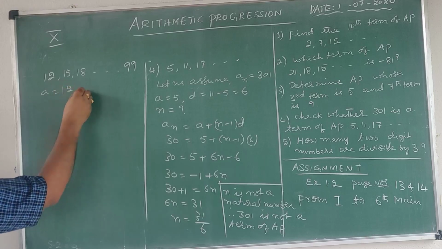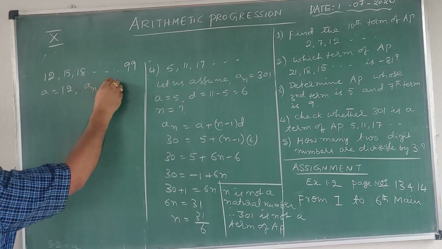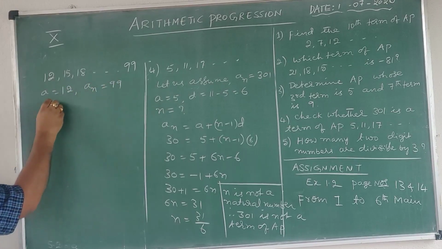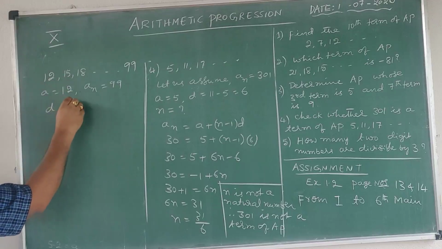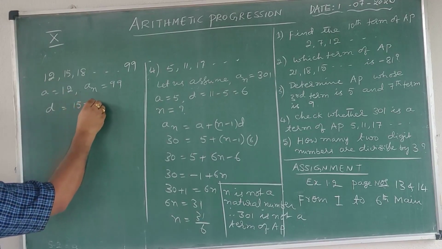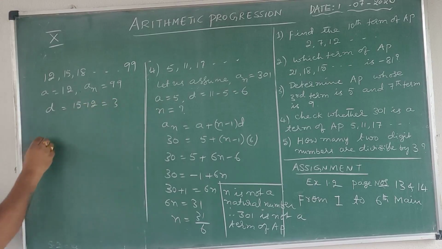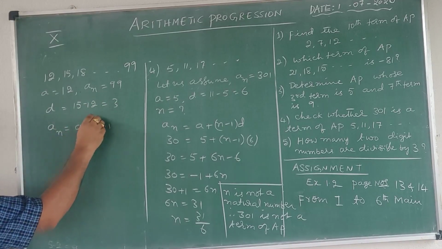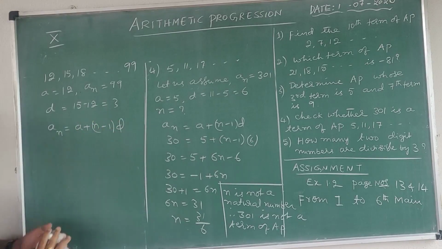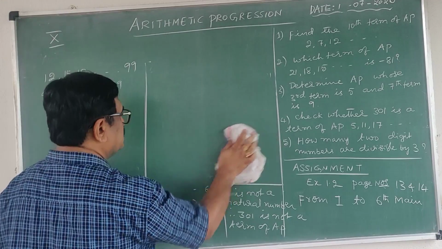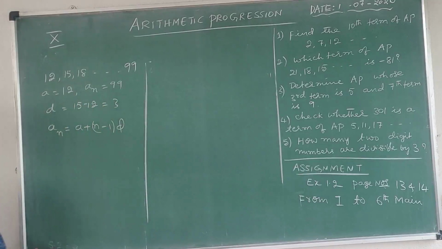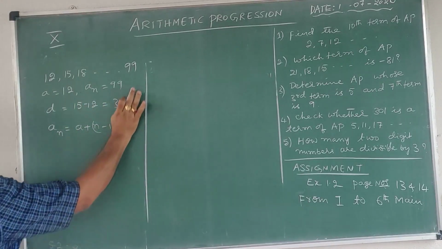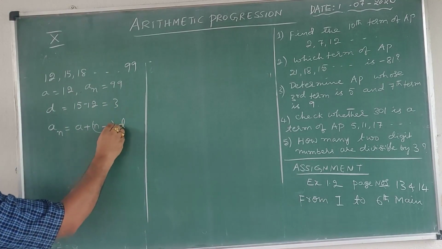A is 12, an, the last term is 99, common difference D is A2 minus A1, 15 minus 12, that is 3. So use the formula an is equal to A plus n minus 1 into D. So, substitute values.